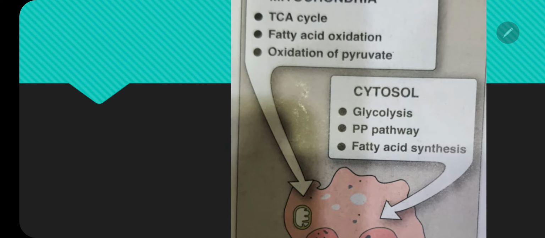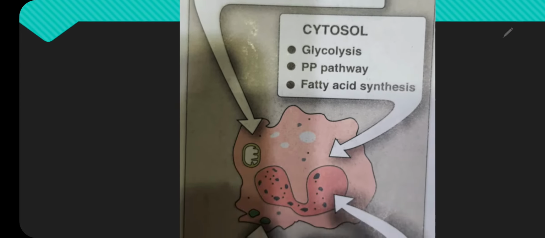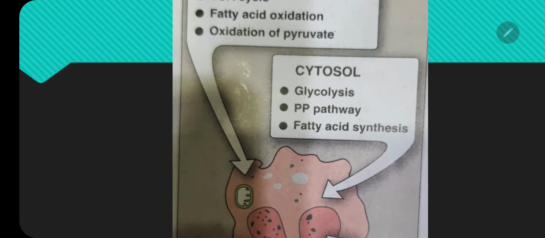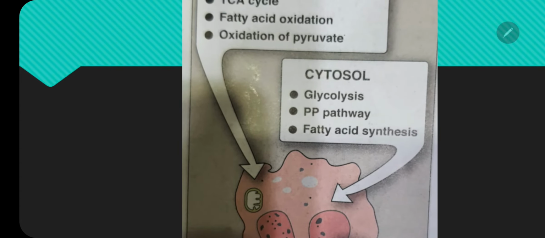So we can say that enzymes are specific. If you look here, this is a cell structure, and in the cytosol, for example, glycolysis takes place. Then there is pyruvate kinase, and fatty acid synthesis is also here, specific to this place.